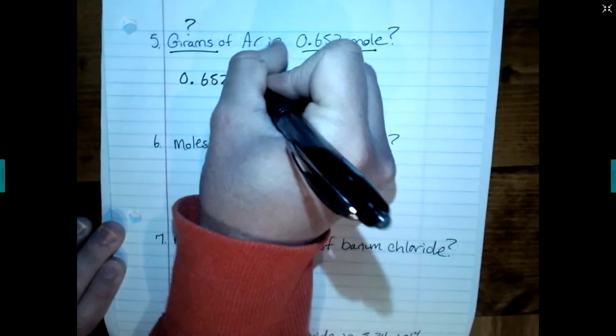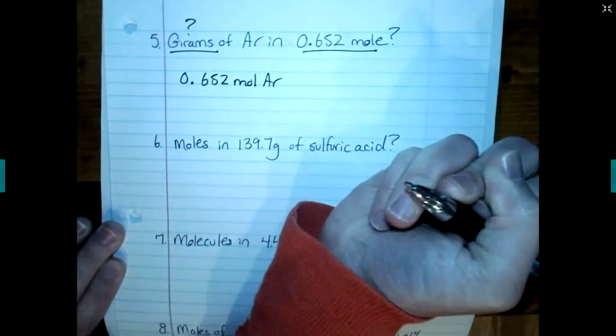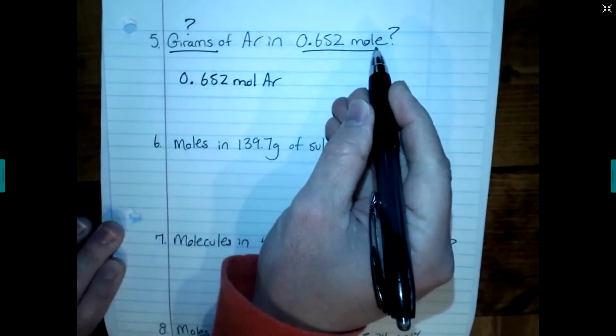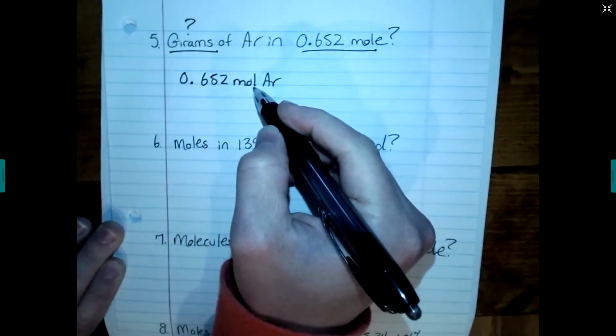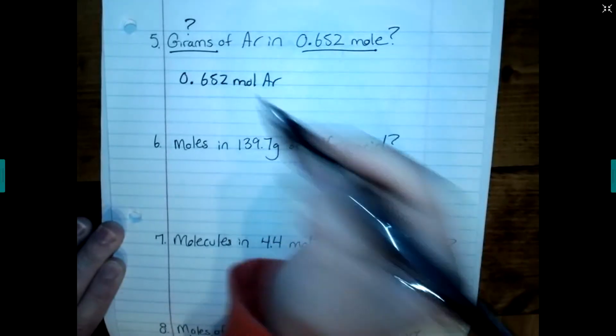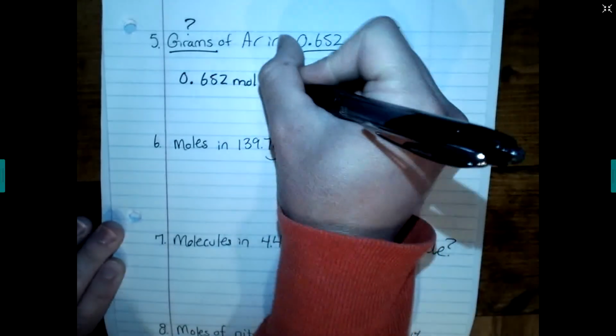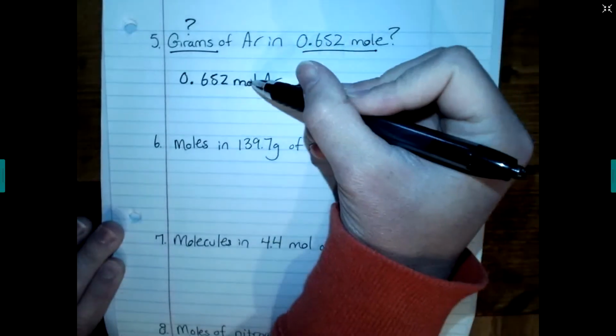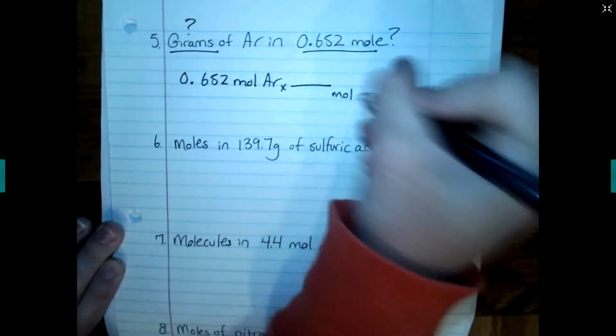0.652 moles of argon. By the way, I don't know if I've mentioned this, but the abbreviation for mole is just MOL, leaving the E off. So I know that really saves us a lot of time. All right, so continuing on with this problem, we're going to move moles down to the bottom to cancel it out.